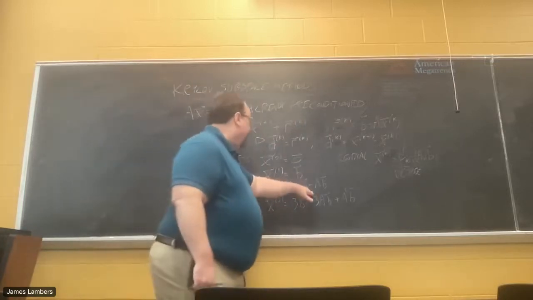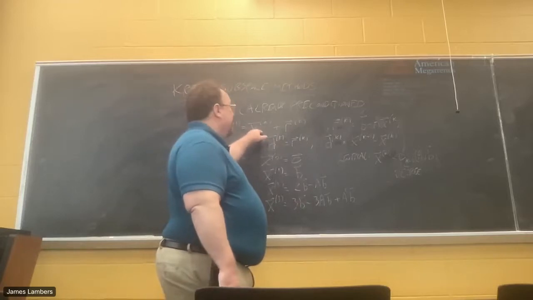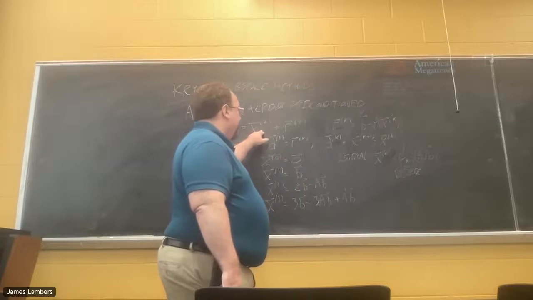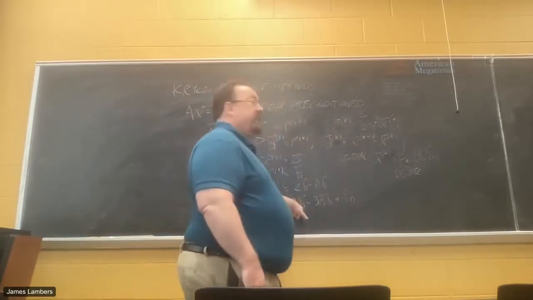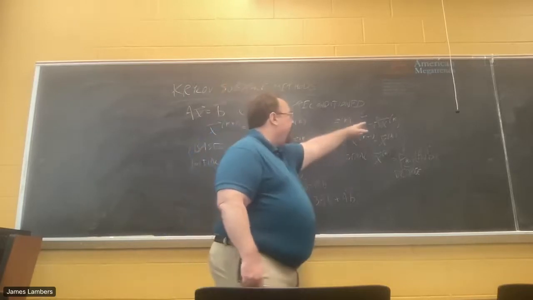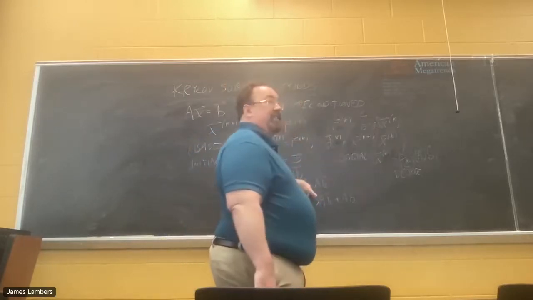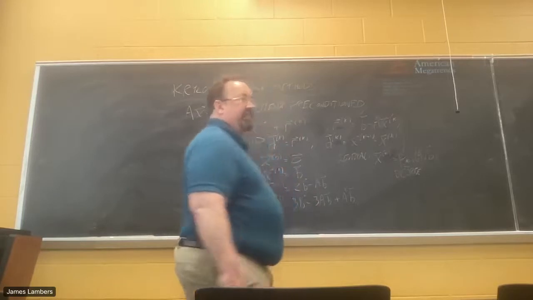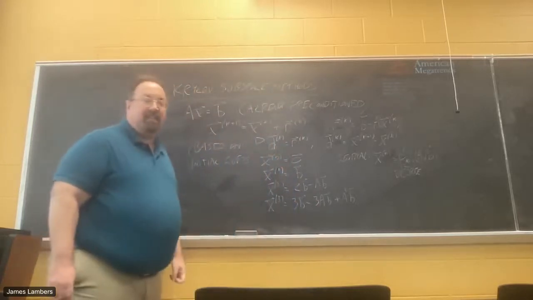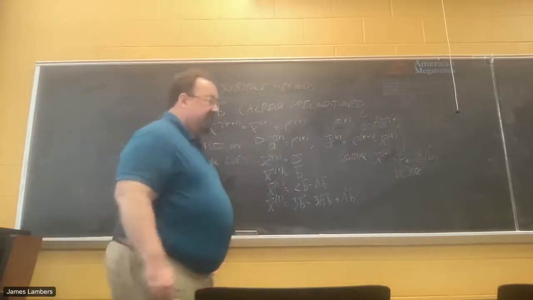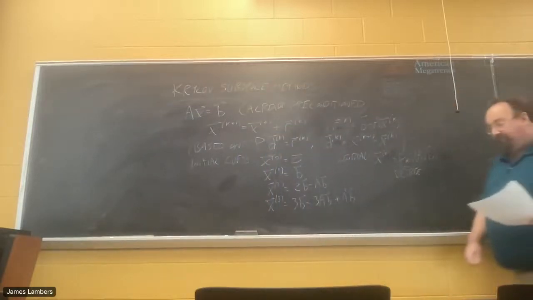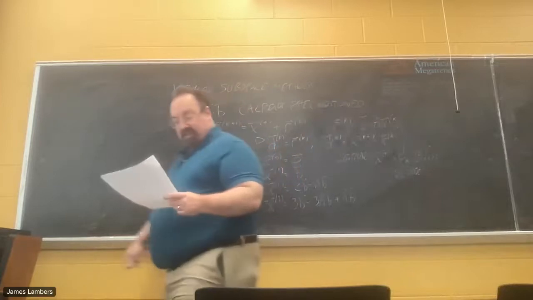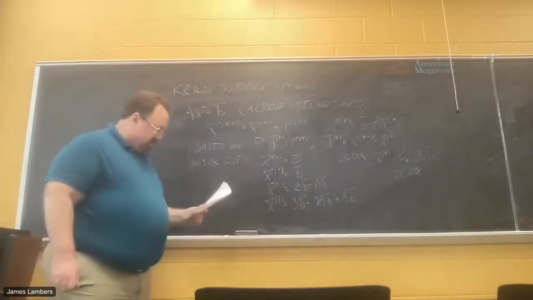And then I plug that in for x2. So I'm going to have 2b minus ab here, and then plus b again, plus 3b, minus a times this. Okay, so 3 times. Yeah.